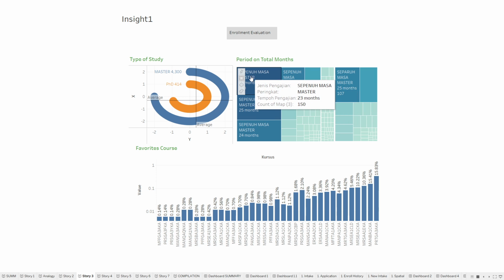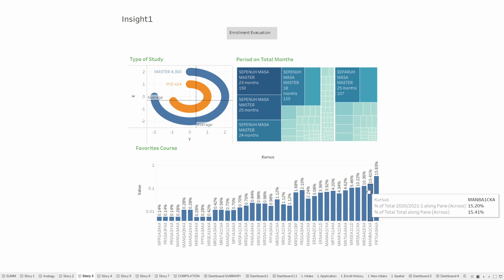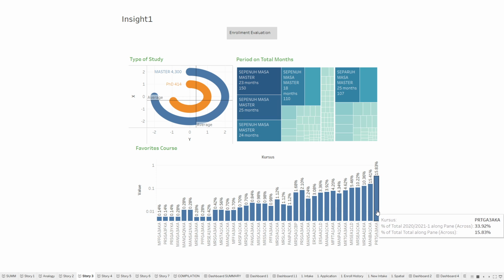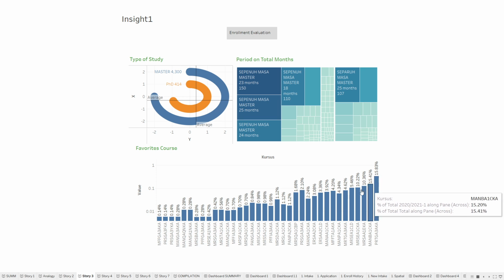Mostly the part-time and full-time students finish their course in 20 to 30 months, whether they are full-time or part-time. And the favorite course right now, I think the best is still Master of Science, Business Intelligence and Analytics, with 15.41 and 15.83 in postgraduate enrollment.